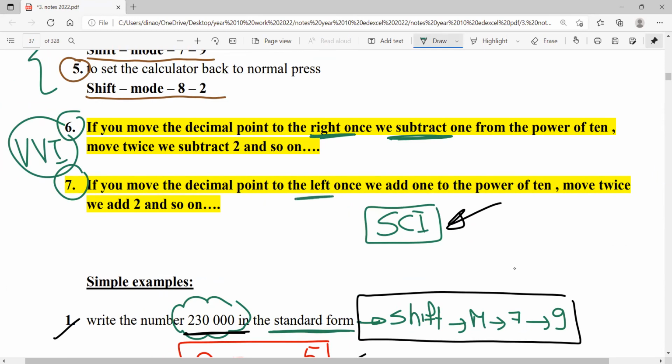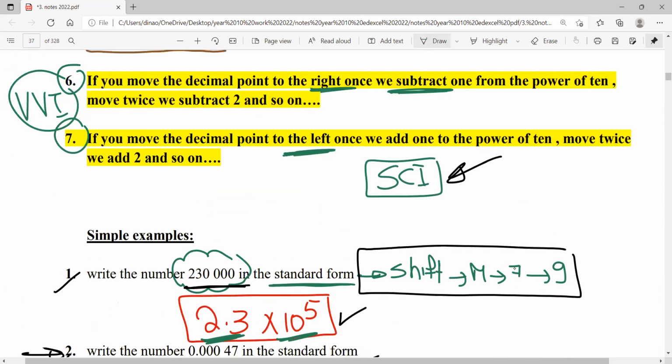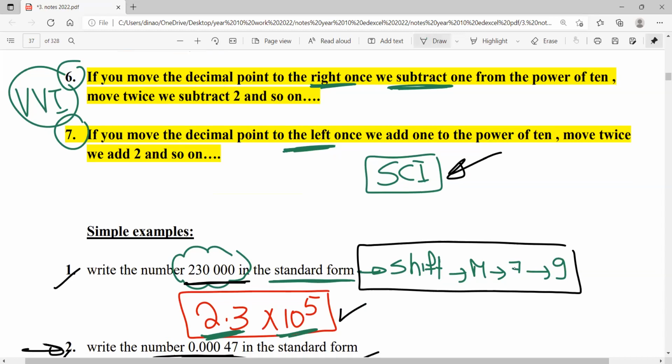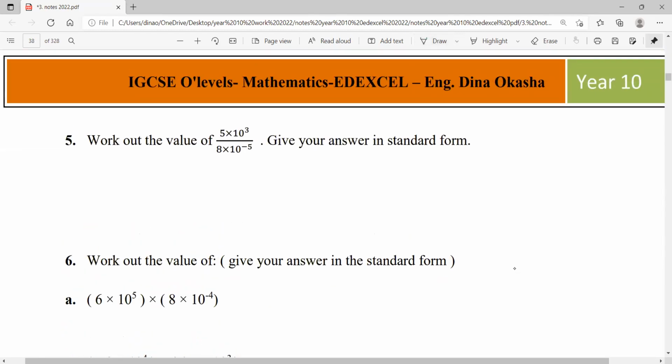Moving the decimal to the left I add 1, and twice to the left I add 2, and so on. Right means I subtract from the power of 10. Left means I add to the power of 10. Notes 6 and 7 are very important, and we will work on them in the rest of the examples.